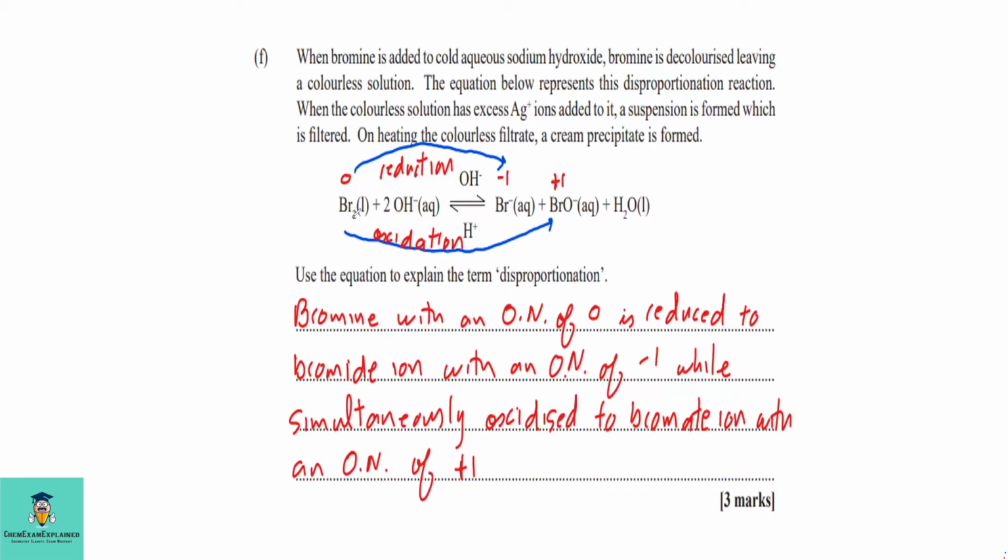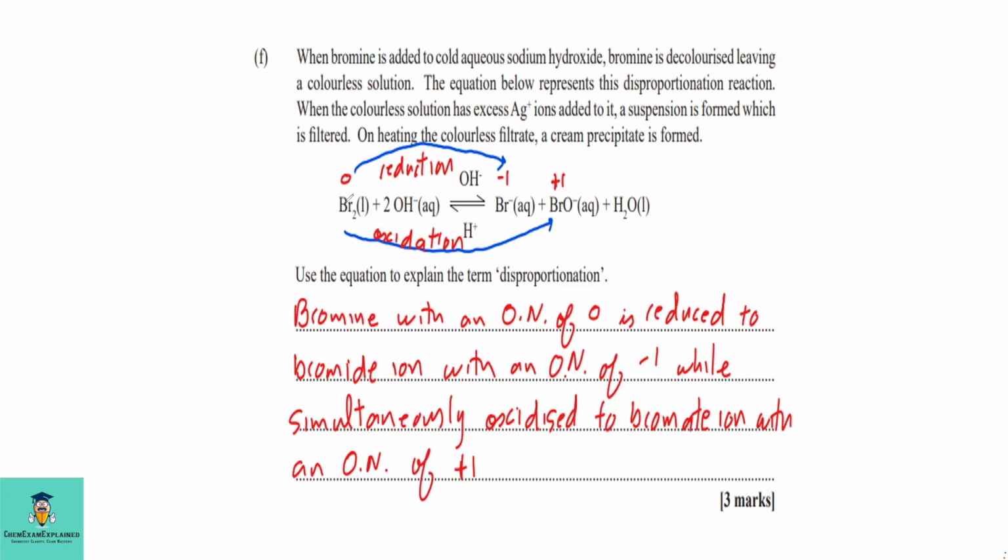So we have Br2, 0, going to Br minus. So this is reduction. But the same species, bromine, which is 0 here, is now being oxidized to bromate ion. And that gives us a charge of +1.